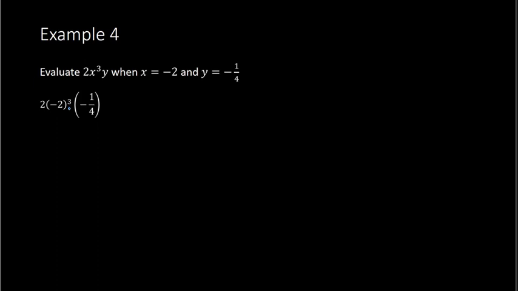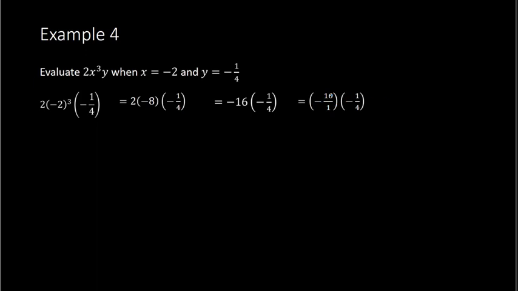-2 to the third power would be -2 times -2, which is +4, times another -2, which would be a -8. So I have 2 times -8 times -1/4. 2 times -8 is -16, and then -16 times -1/4, I can think of that as -16/1 times -1/4.